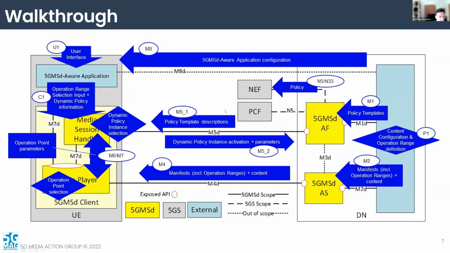Of course, this is the provisioning side of the backend system. And this type of policy description needs to be provided to the media session handler, so that depending on what is actually selected, and here there's some interaction between the media player and the media session handler, depending on what representation, what quality is actually fetched, the according dynamic policy instance is activated and the according parameters are provided to the 5G MSD system.